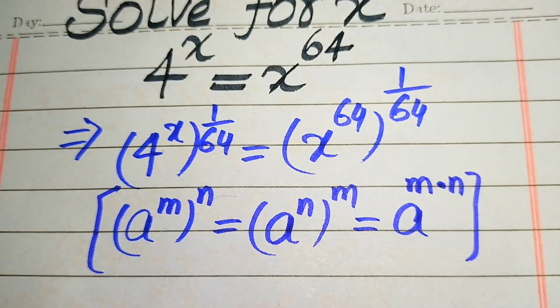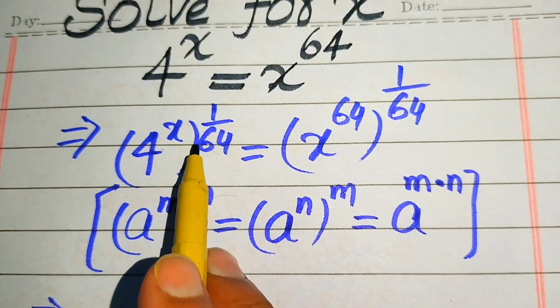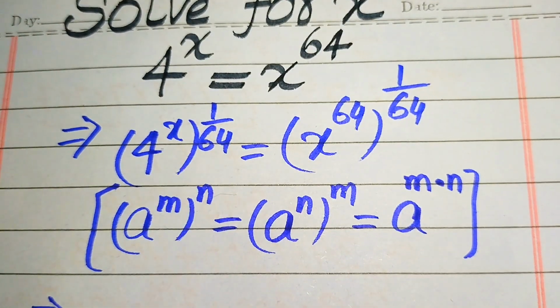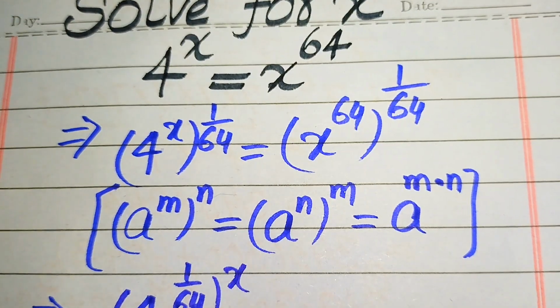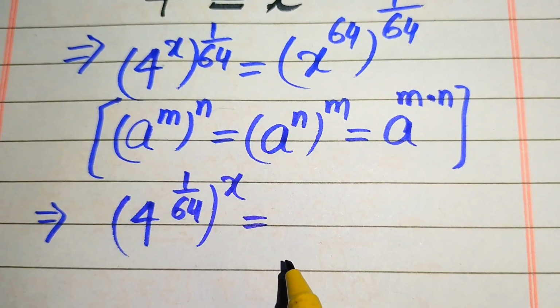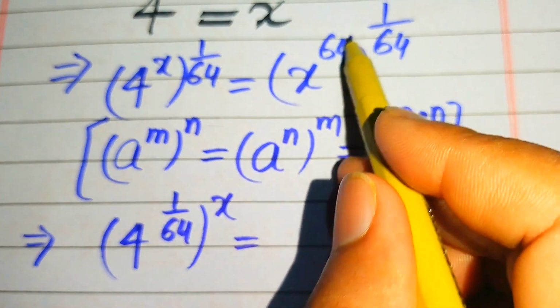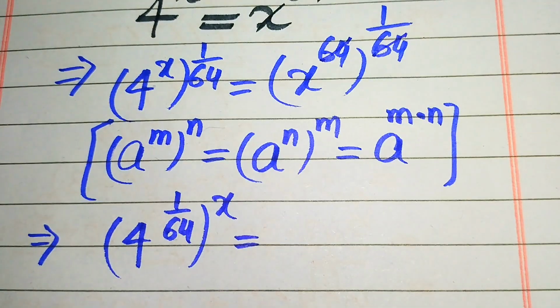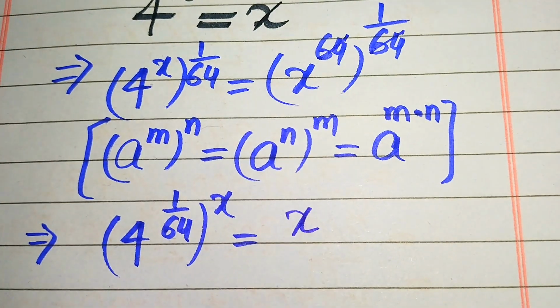In the left hand side, we just interchange the two exponents, and it is written as 4 to the power of 1 over 64, whole exponent x, equals to, in the right hand side, we multiply these two exponents, and this 64 and this 64 cancel out each other, and we get x only.